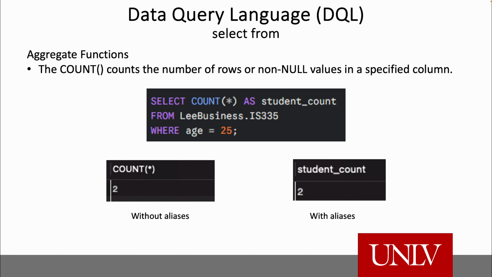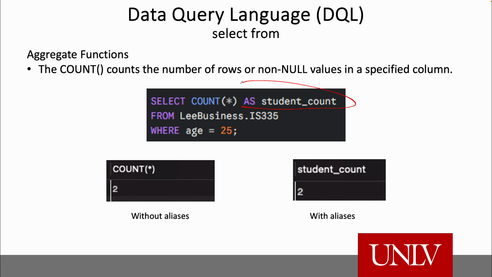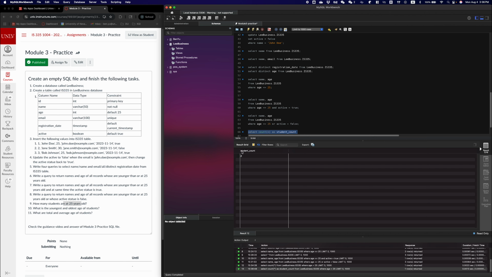So in this case, we have AS student_count, which gives it the student_count name, and without it, it will only show the original result. So what we can do is add an alias right here using AS student_count, highlight it, execute it again, and you will see the result change.